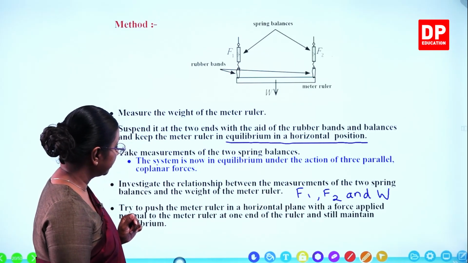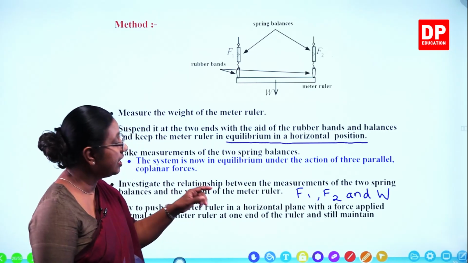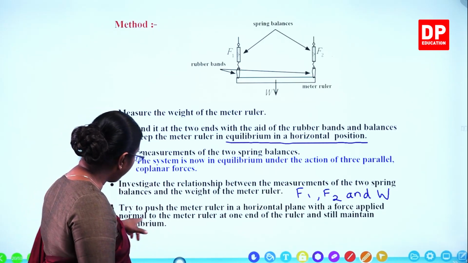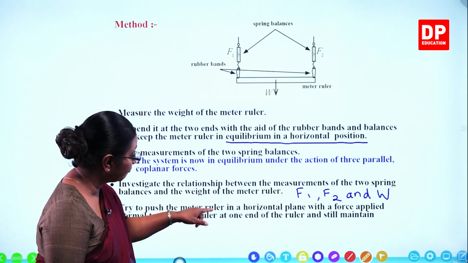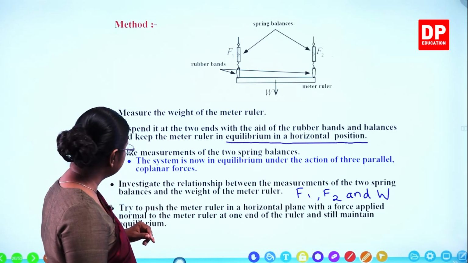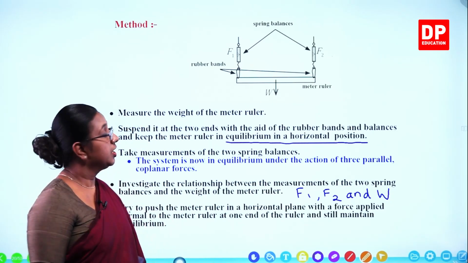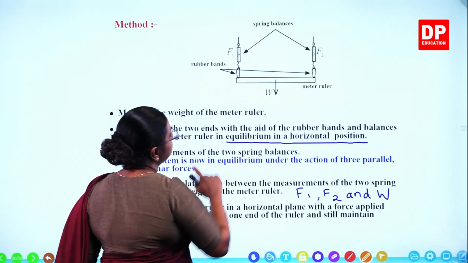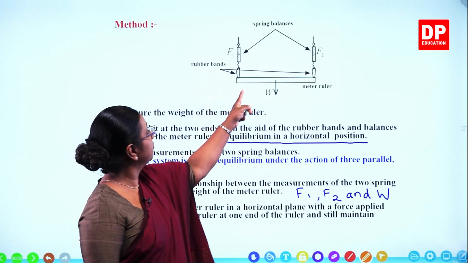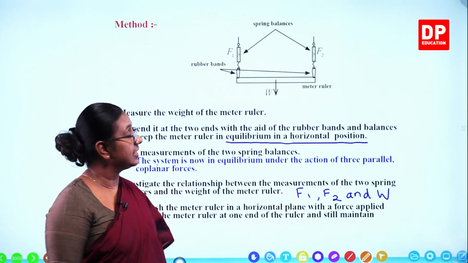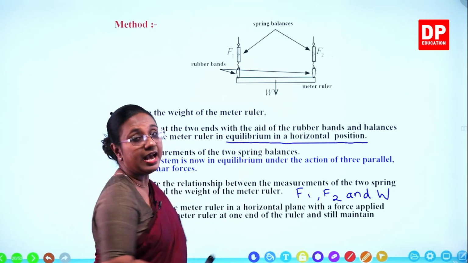Try to push the meter ruler in a horizontal plane with a force applied normal to the meter ruler at one end of the ruler and still maintain equilibrium. So we try to push this meter ruler by applying a force from one of the ends. It can be either this end or the other end.